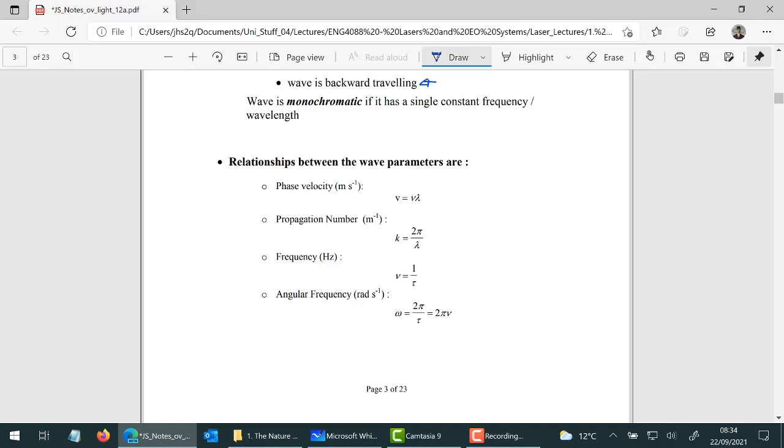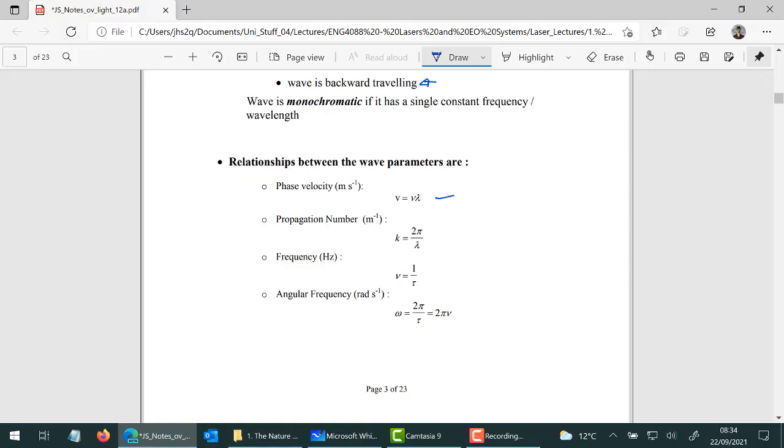There are obviously relationships between frequency, wavelength and speed, and so we can rearrange these parameters in the equation for the wave to suit ourselves. We can choose which parameters make most sense for whatever application we're looking at. So we have that the phase velocity of the wave is the frequency times the wavelength.